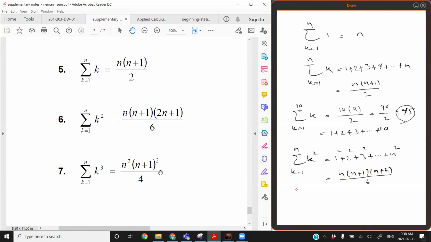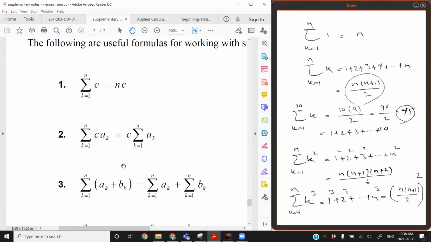And finally, if you have sigma k to the power of 3, k from 1 to n, that is you have 1 to the power of 3 plus 2 to the power of 3 all the way to n to the power of 3, the formula is just like this one to the power of 2. So it's n times n plus 1 over 2, the whole thing to the power of 2. So you get n squared times n plus 1 squared over 4.